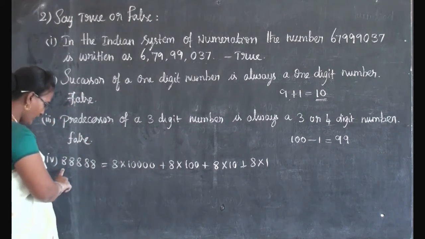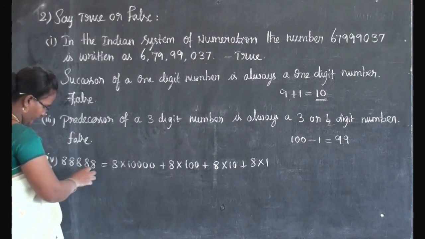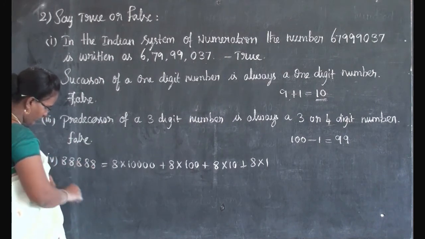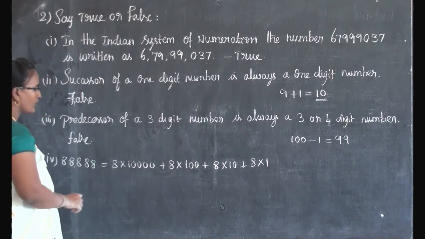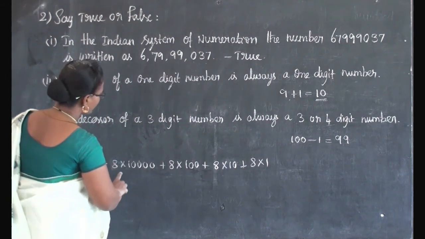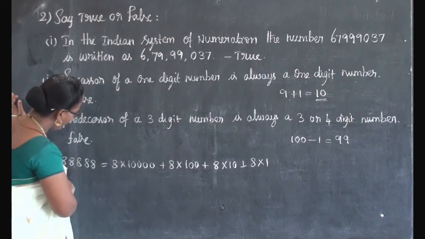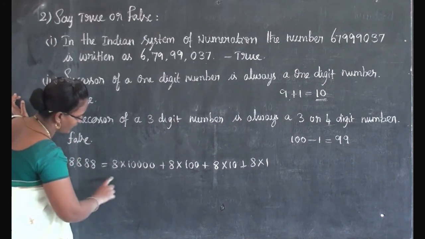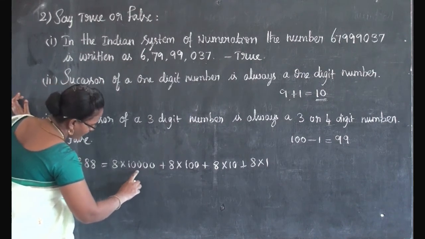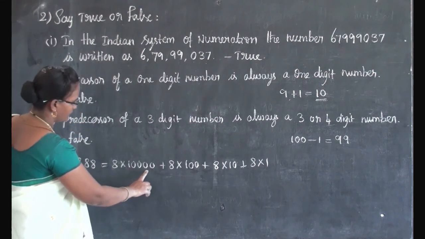And then here 88,888. In expanded form, 88,000. That is 80,000, the first 8, is correct.